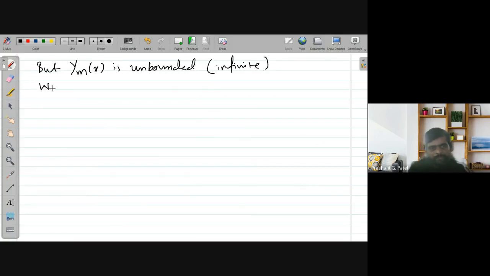We define Y_m(x) equal to the limit as p tends to m of Y_p(x).